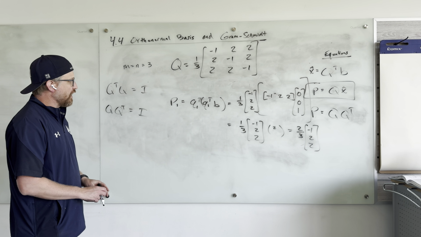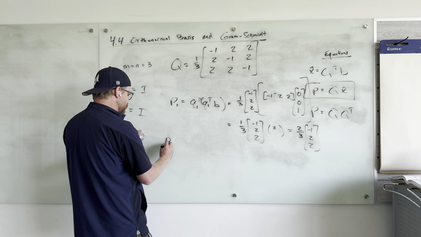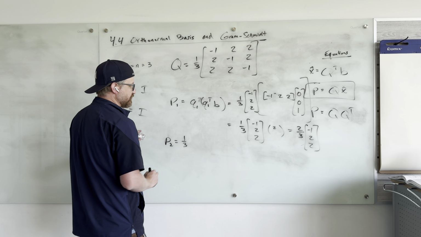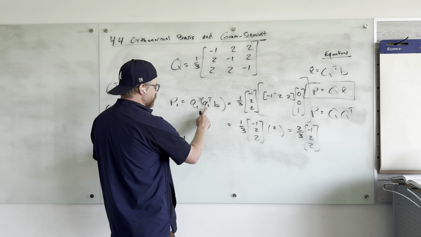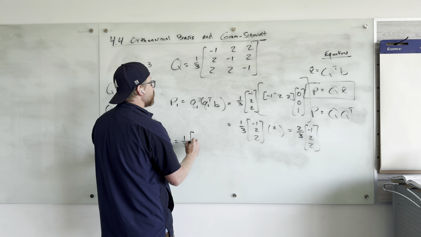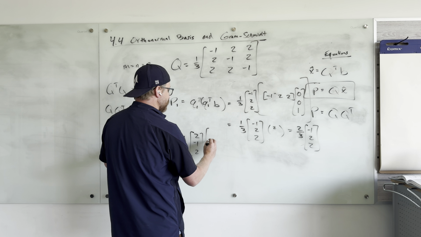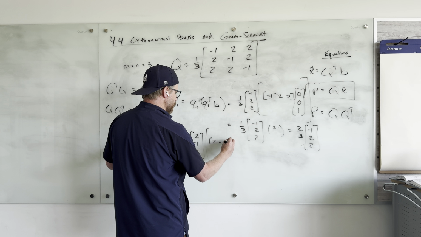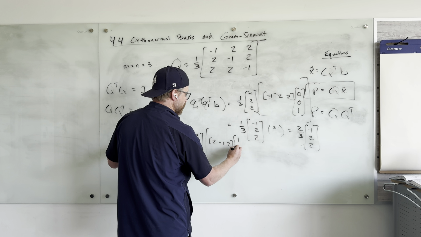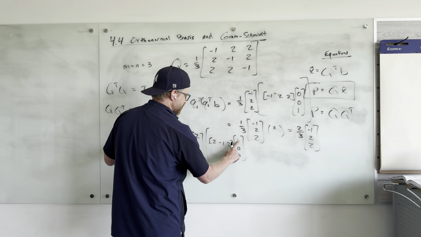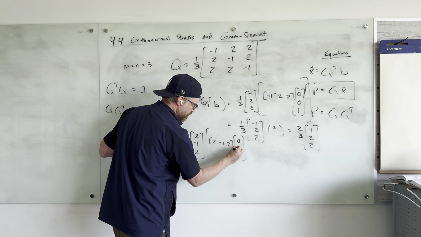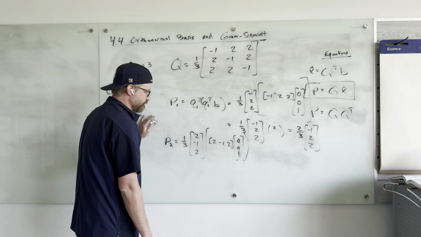Then, if we do this for our second projection, P2, again, I'm going to have 1/3 listed just once. Q2 transpose, so Q2 being 2, -1, 2. And then we essentially do this multiplication, 2, -1, 2, with 1, 0, 0. 0, 0, 1.